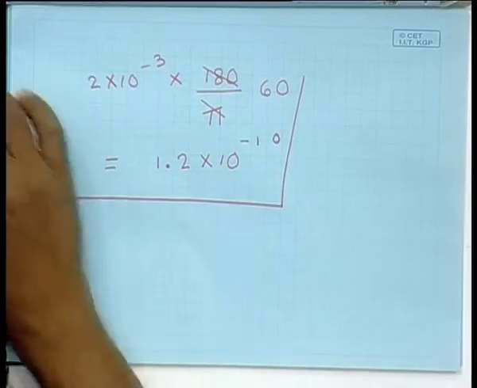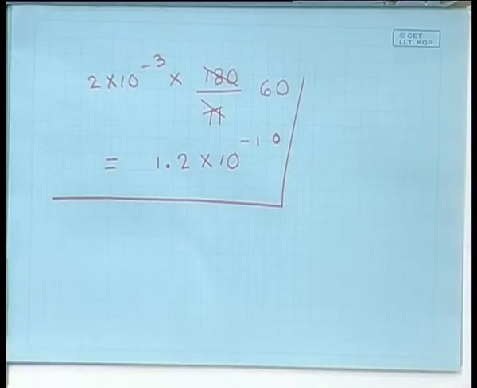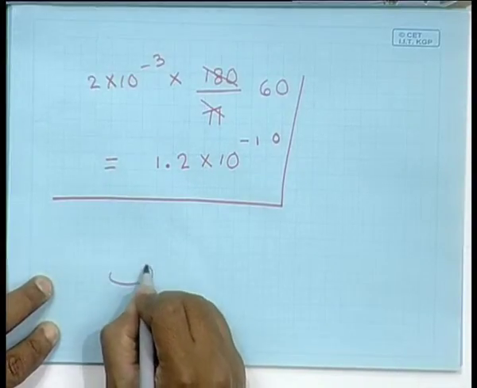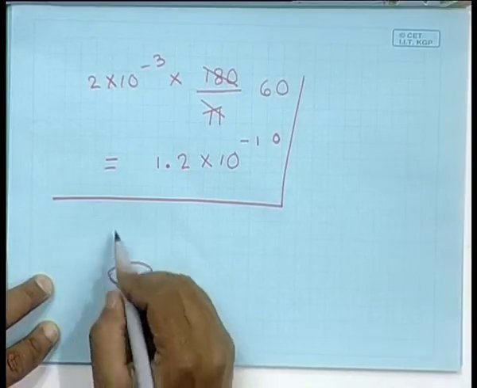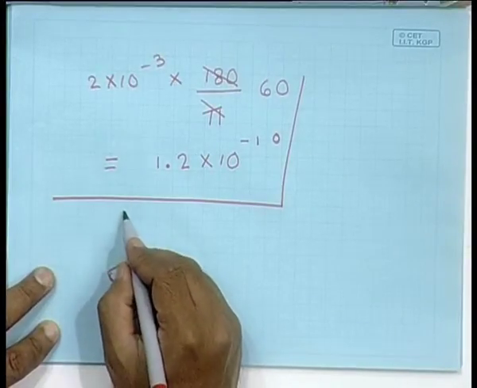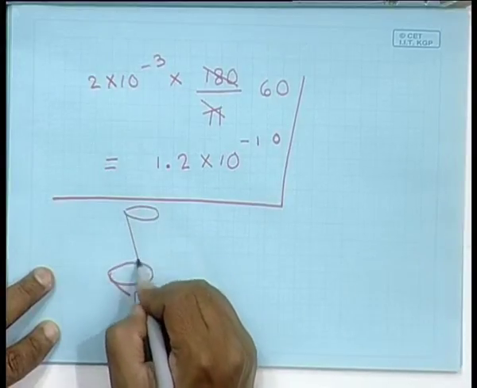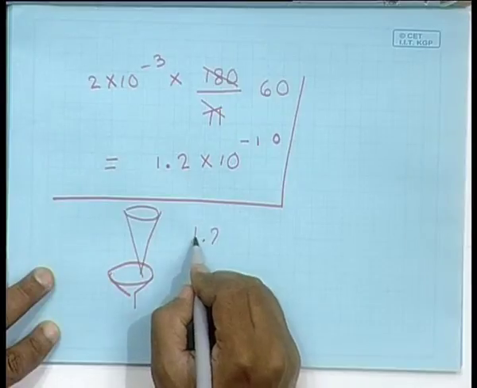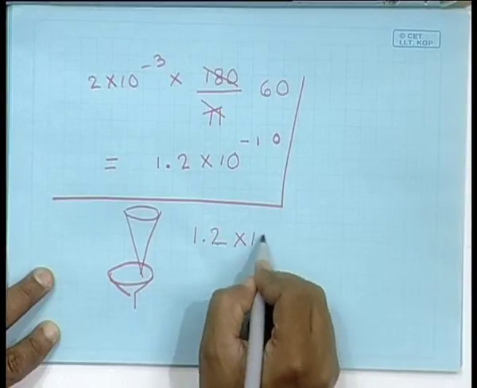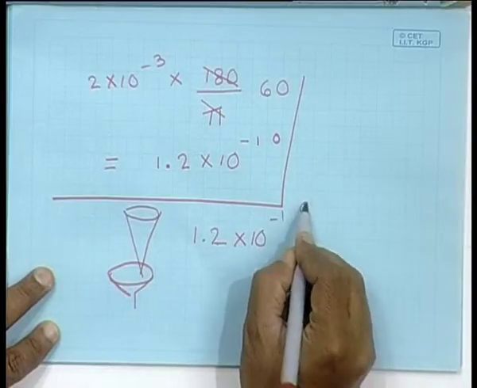So, each of these antennas, if I had one antenna like this, it would emit radiation or receive radiation from an angle of the order of 1.2 into 10 to the power minus 1 degrees.